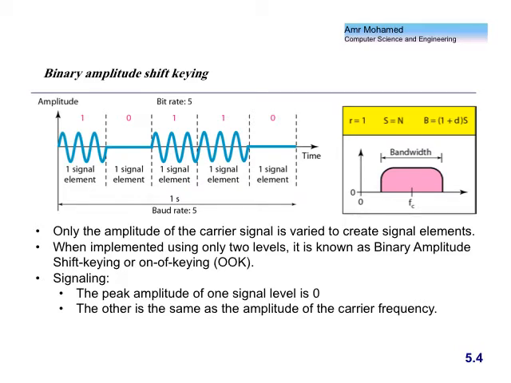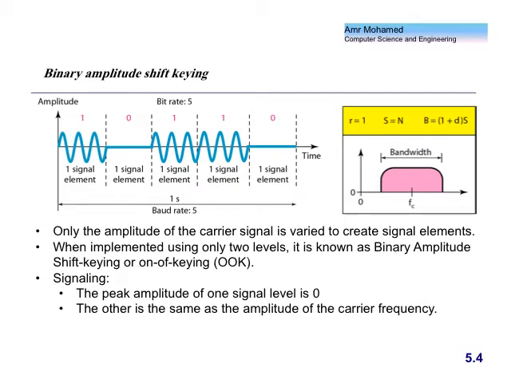What does the signal rate mean? The signal rate is the number of different signal elements per second. And that turns out to be N in the worst case. So the number of signal elements per second is N. This is the worst case. Then what is the minimum bandwidth? The minimum bandwidth is based on what we have studied before.